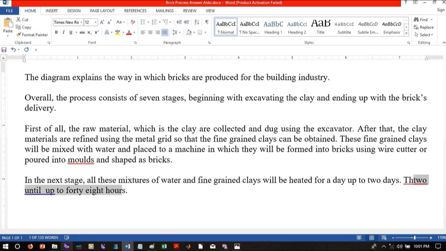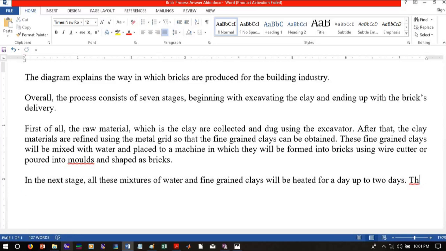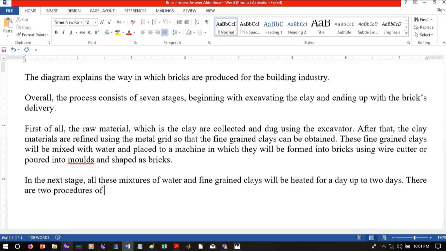And then we delete that. And then we say there are 2 procedures of heating up these bricks.